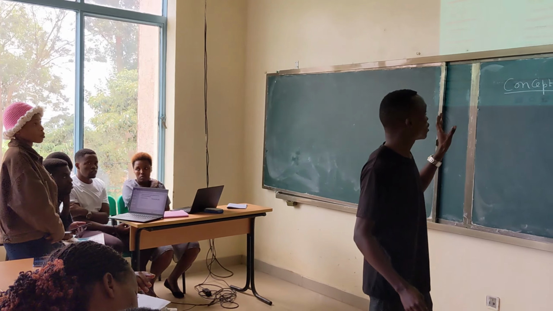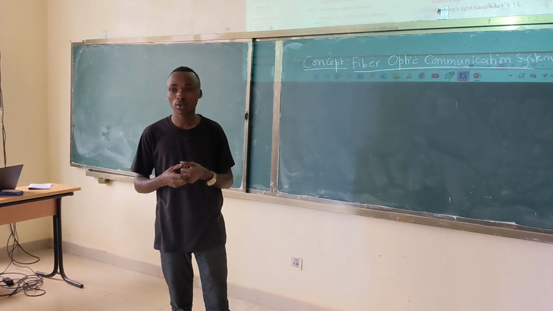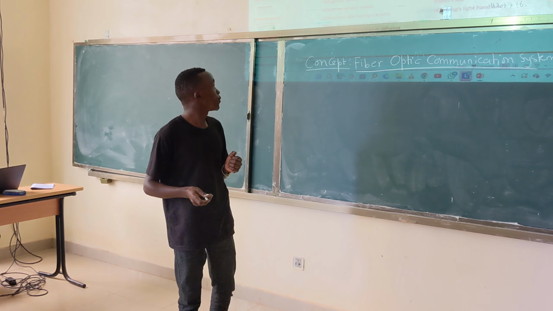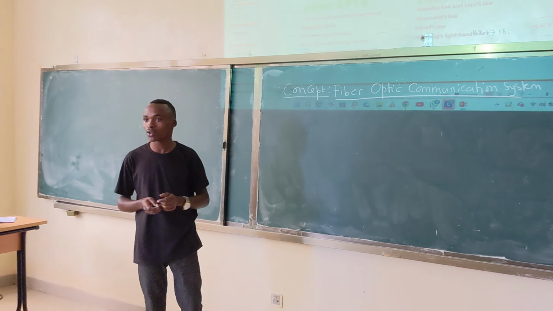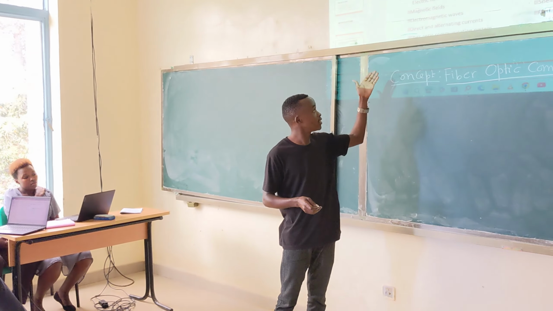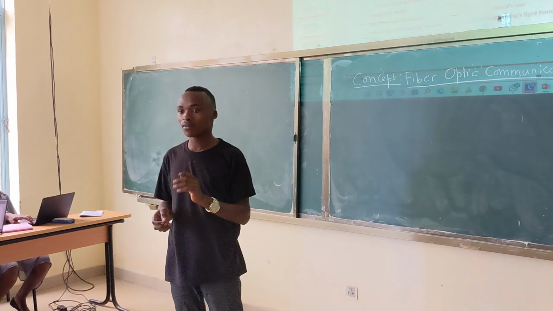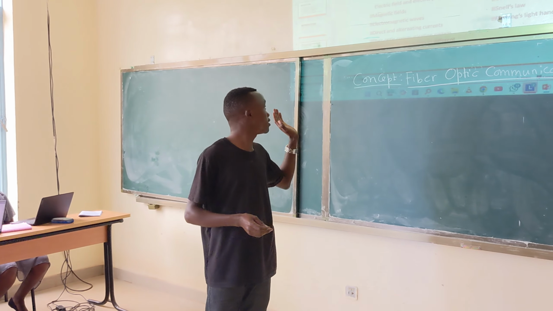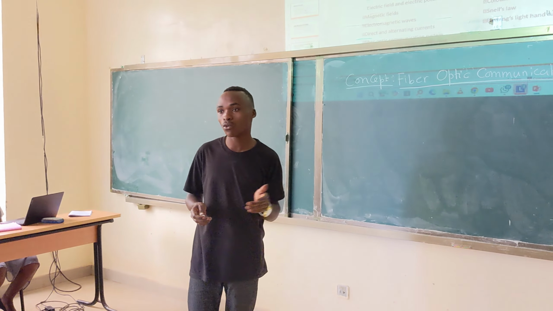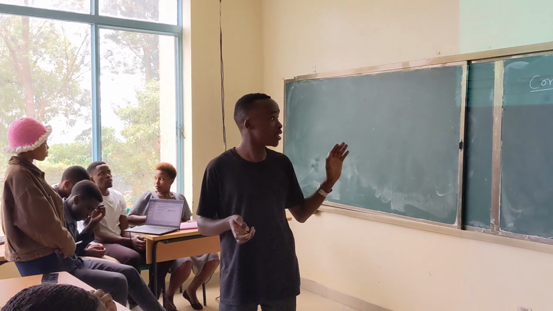Here we are going to see some concepts and principles in electrodynamics. We have electric field and electric potential, magnetic field, electromagnetic waves, direct and alternating current, and propagation of electromagnetic waves in different media.